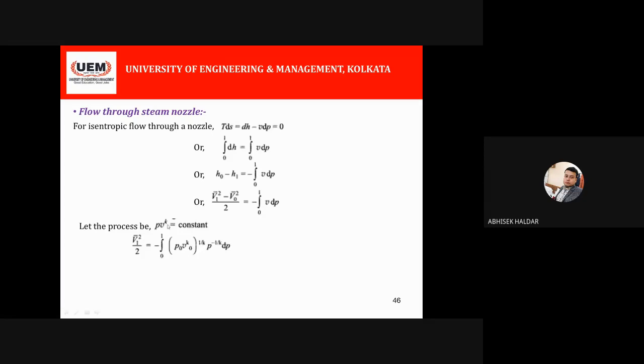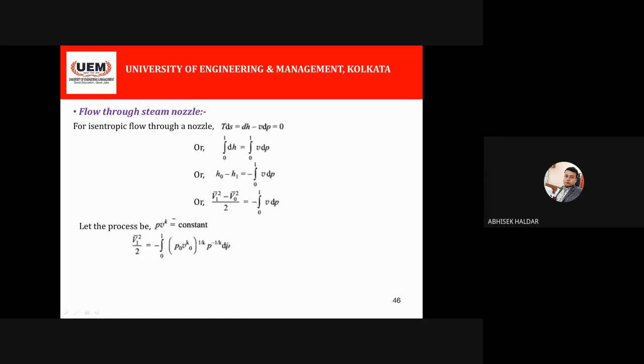So if P and small v are the pressure and specific volume at any position, I can write this equation as P v to the power k is equal to P0 V0 to the power k, because P0 and V0 are at the inlet condition. So I can write this by analogy.